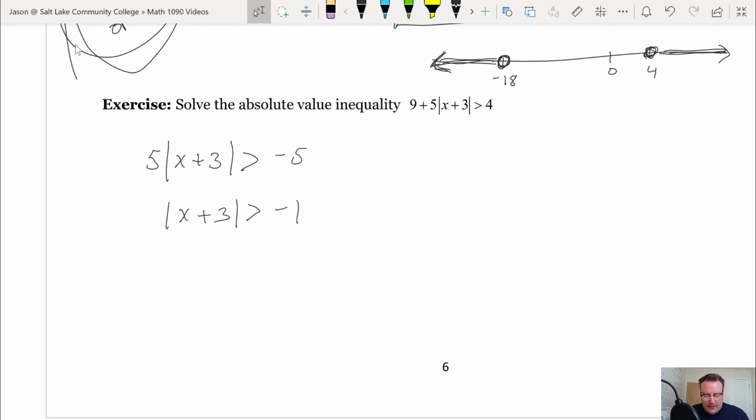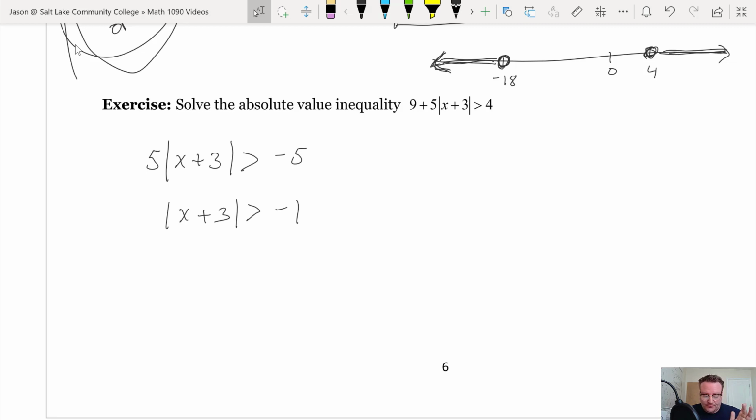Okay. Why? Because think about this. Remember, the absolute value function always returns a non-negative result, 0 or a positive number. Okay? No matter what I put into the absolute value function, I am guaranteed that its result will be non-negative. Might be 0 or positive, won't be negative.